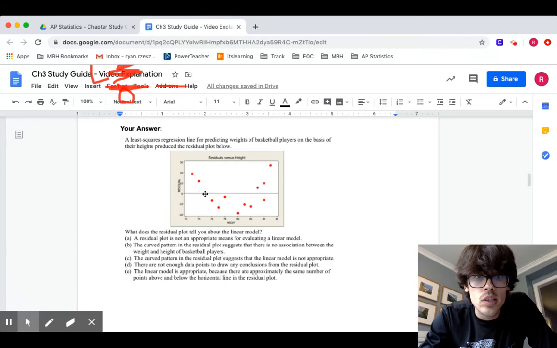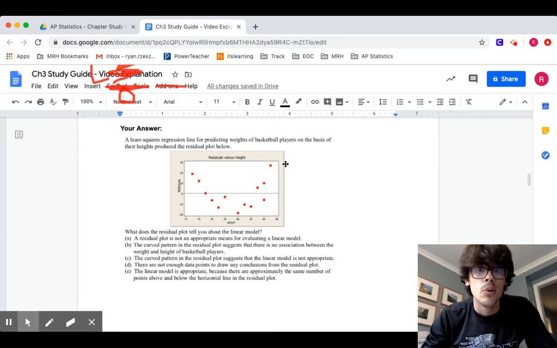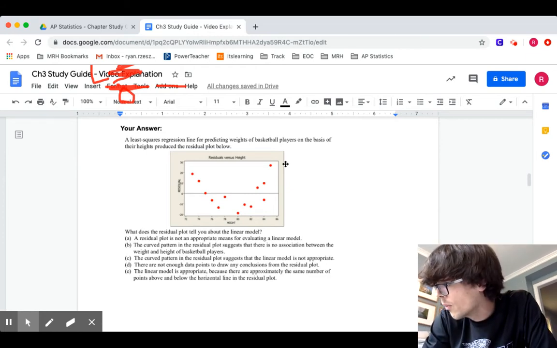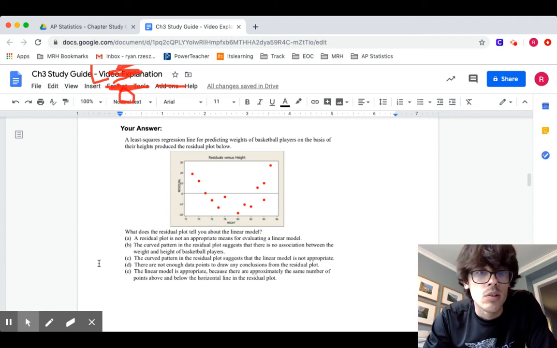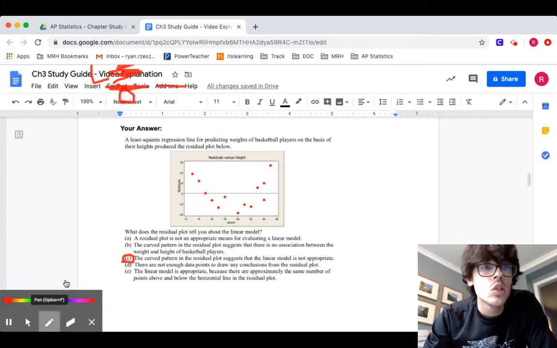You very much see a curved pattern on this residual plot, and what that would tell us is that there's some sort of curved equation that can help us better account for our predictions and make a better job predicting, basically. So if you see a pattern, that is no good, we do not want to see a pattern that would tell us the linear model is great. That is going to be basically what choice C is saying. Curved pattern suggests the linear model is not the most appropriate choice. So we got C on number 3.